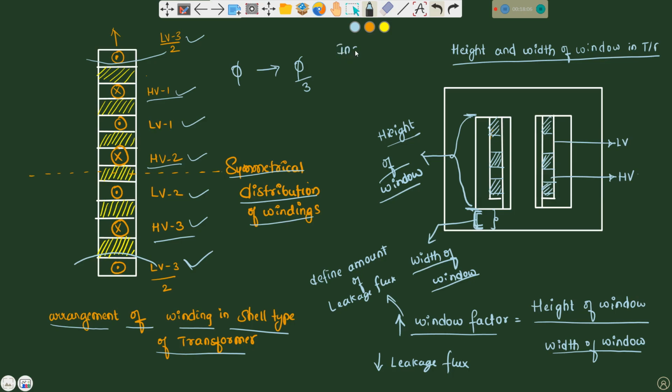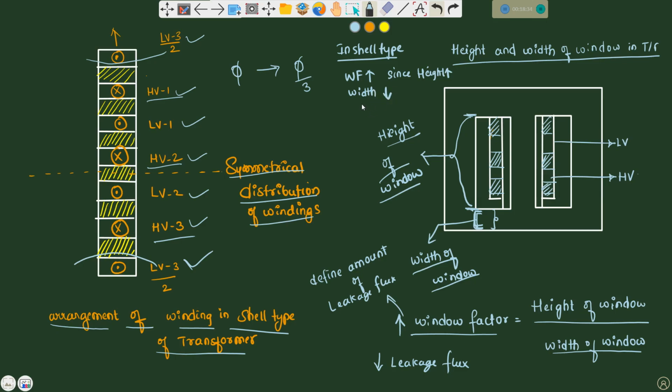In shell type, window factor is more since height is more and width is less.